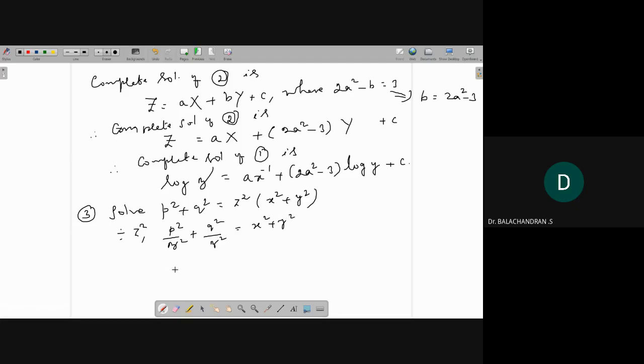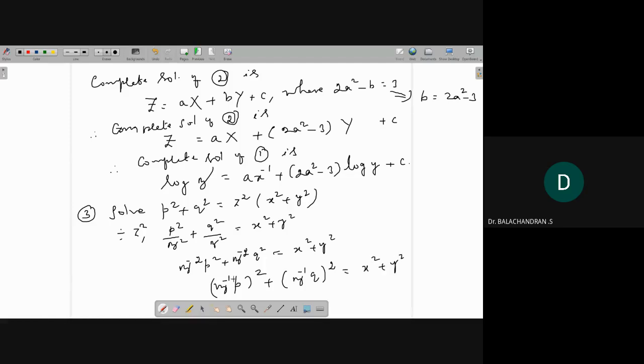Or you should write this as Z power minus 2 P square plus Z power minus 2 Q square equal to X square plus Y square, or Z power minus 1 into P whole square plus Z power minus 1 into Q whole square is equal to x square plus y square.